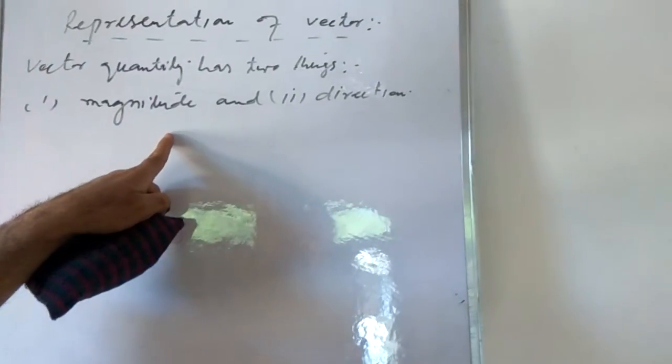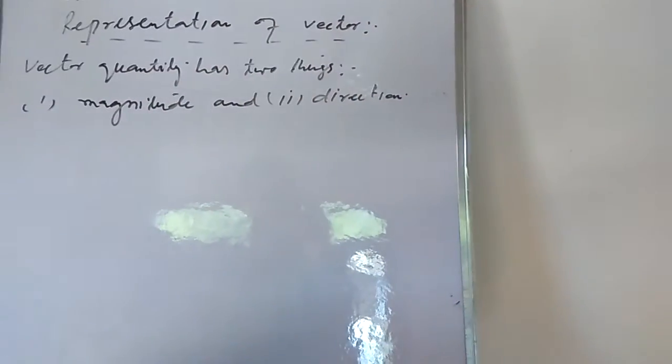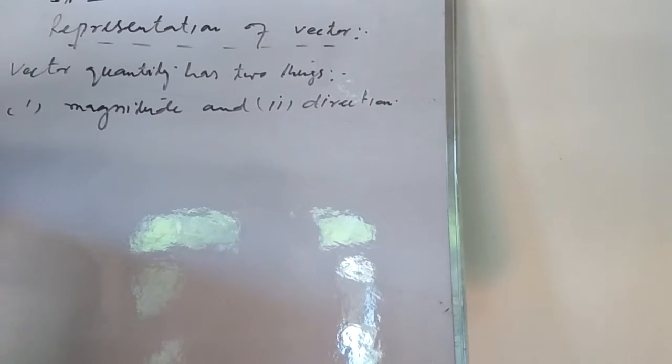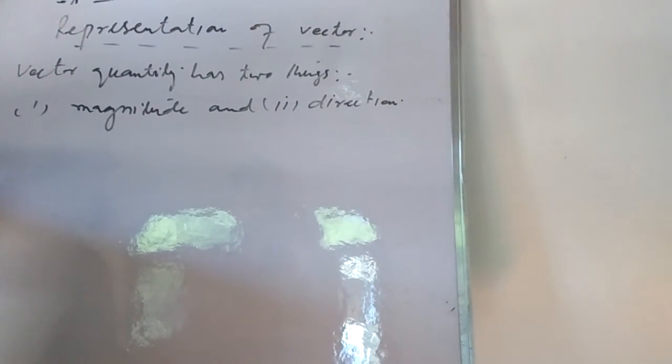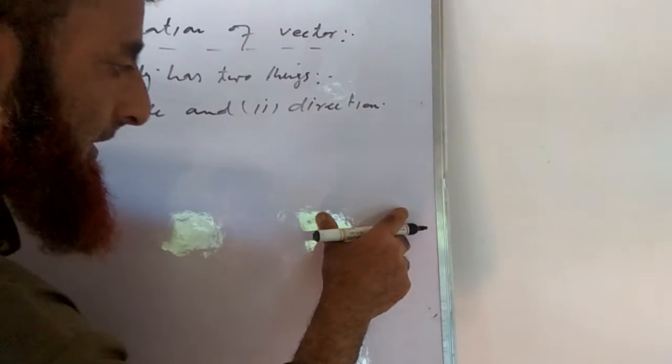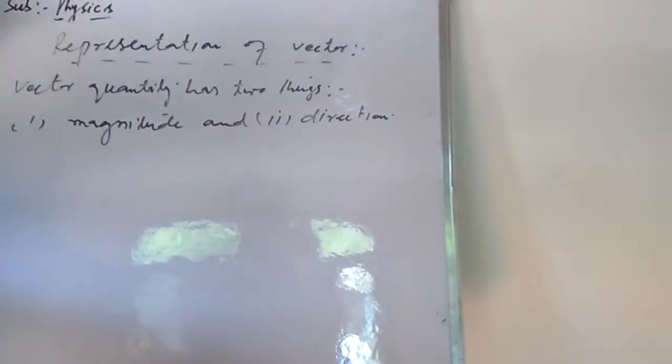How is the magnitude of a vector represented and how is the direction represented? The magnitude of a vector is represented by the length of the straight line, and an arrowhead at the end of the line represents its direction.